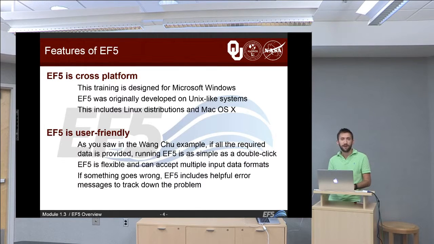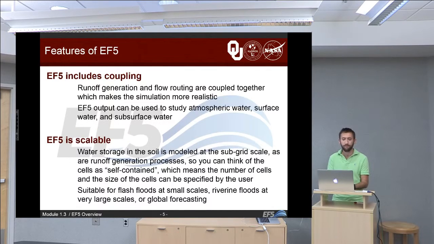EF5 is also user-friendly. As you saw in the Wang2 example, if all of the required data has already been provided and an example set up, running EF5 is as simple as just double-clicking the icon on the screen. It's also a very flexible model that can accept multiple input data formats. And if something goes wrong, EF5 includes helpful error messages that identify exactly what the problem is, so that you don't have to spend a lot of time tracking it down like you might have to with other pieces of software.